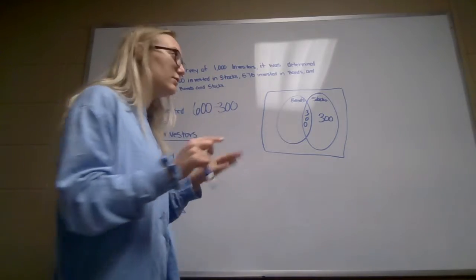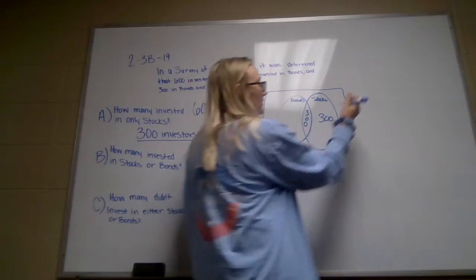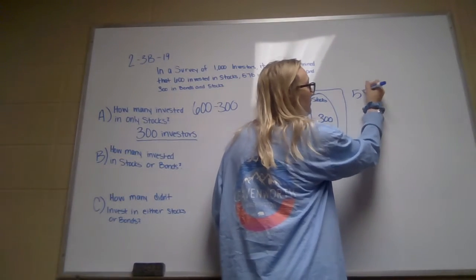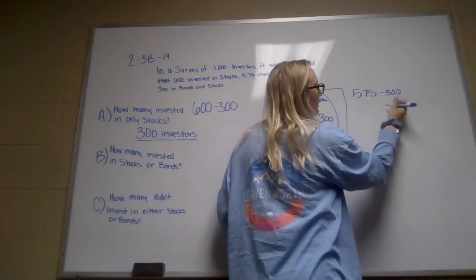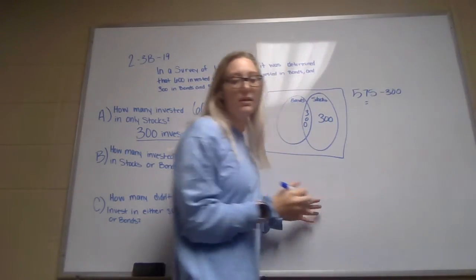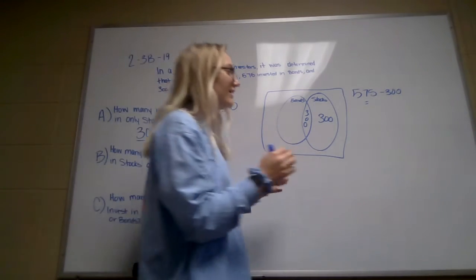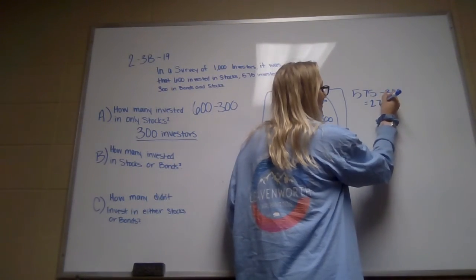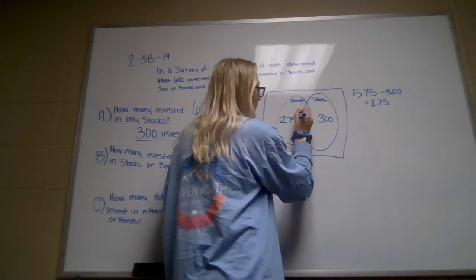So we have to find what is just bonds. We'll do right over here. 575 minus 300, which equals, I already did the math, so it won't be too hard. And that is 275. So 275 people are here.